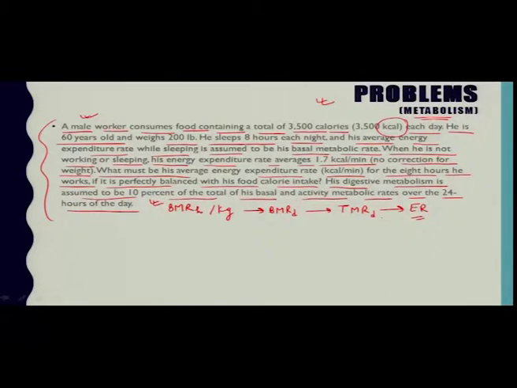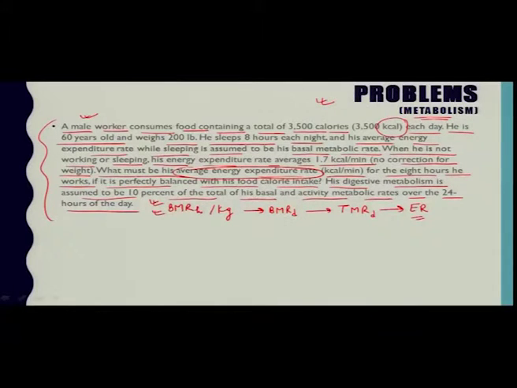So this is the rough steps you have to follow in order to calculate this average energy expenditure rate. So now first we need to calculate this basal metabolic rate per hour per kilogram.